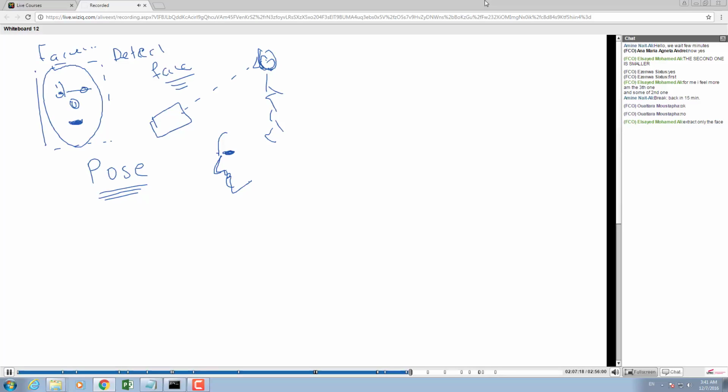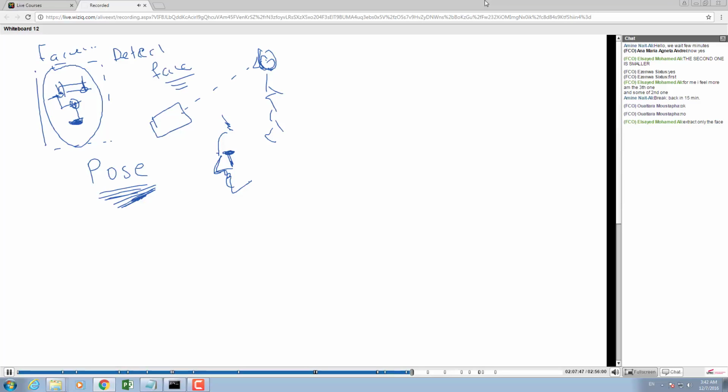So if the camera captures something like this, we can see here we have only one eye and the profile of the person, but it's a little bit difficult to extract some measurements, for example, the distance between the eyes, between the eyes and the nose, between the nose and the mouth, and so on.